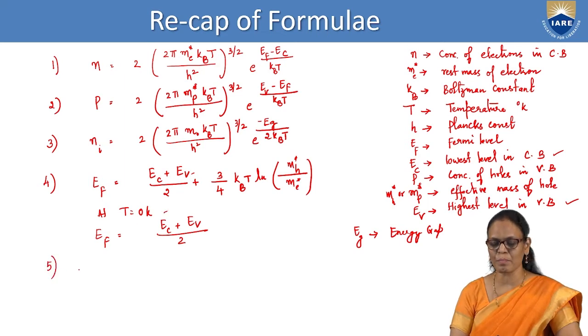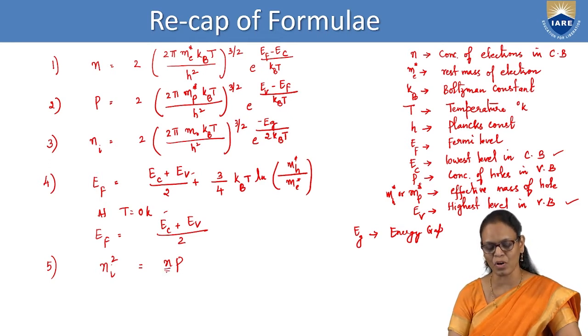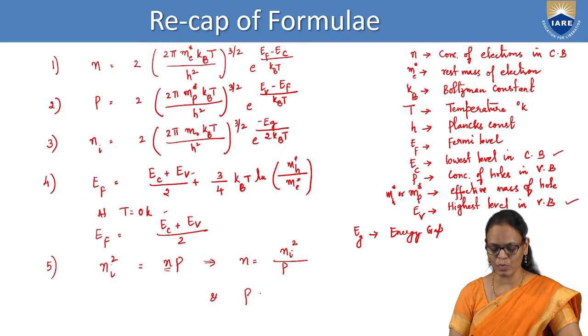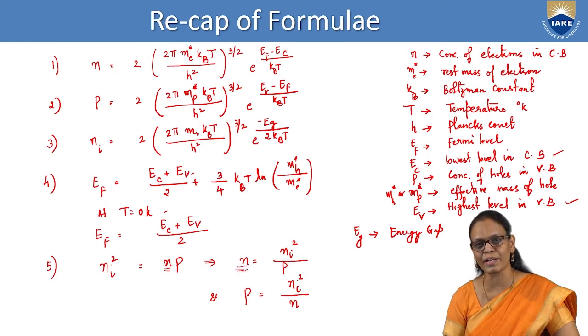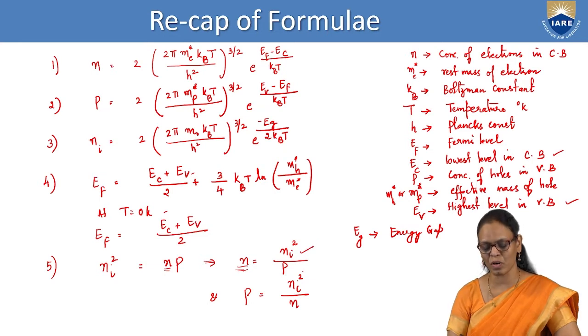Then we will also see a simple formula, which is ni square is equal to N into P. If you want to find the concentration of electrons knowing the intrinsic carrier concentration, N will be equal to ni square upon P, and P will be equal to ni square upon N. So this formula will be useful to calculate the concentration of electrons knowing the intrinsic carrier concentration and the concentration of holes, and to find the concentration of holes knowing the intrinsic carrier concentration and the concentration of electrons.